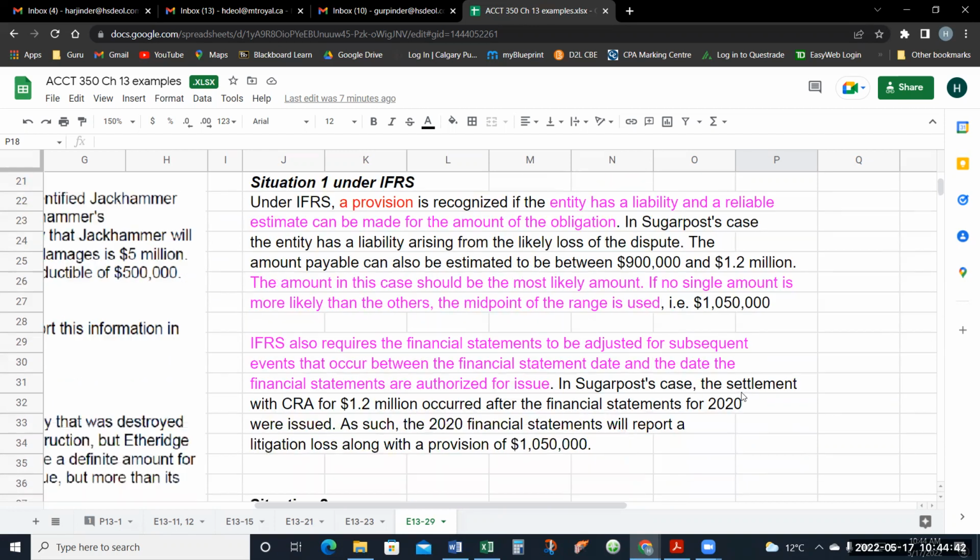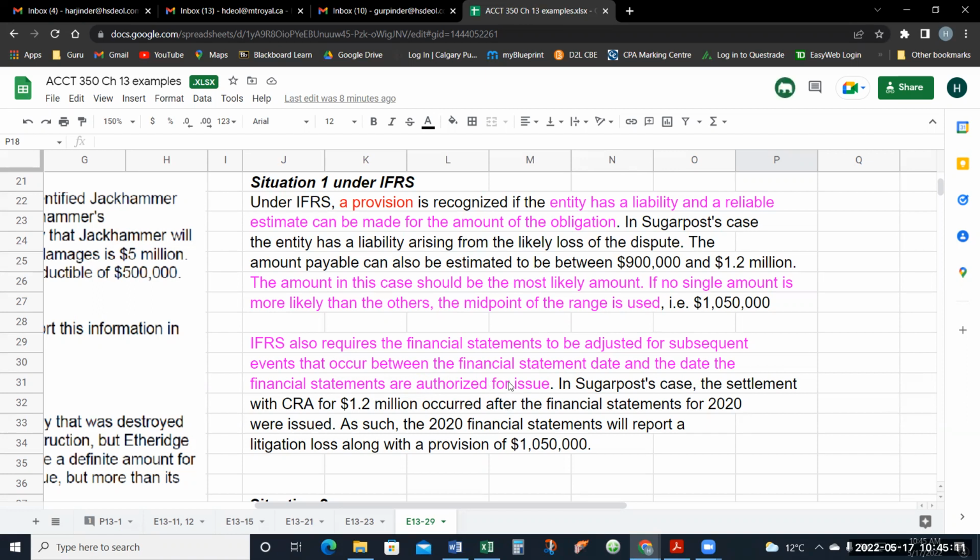Okay. Now, subsequent events. IFRS says financial statements must be adjusted for subsequent events that occur between the financial statement date, which is December 31st, 2020, and the date the financial statements are authorized for issue. The authorized for issue date tends to be a little bit later than the board approval, right? So the board members have to sign off and so on.